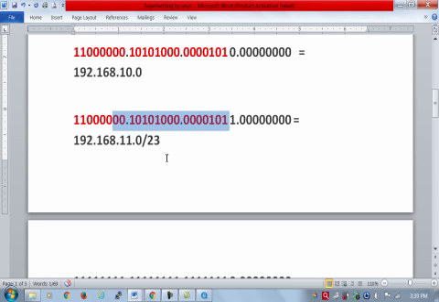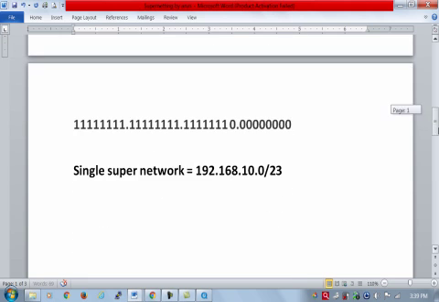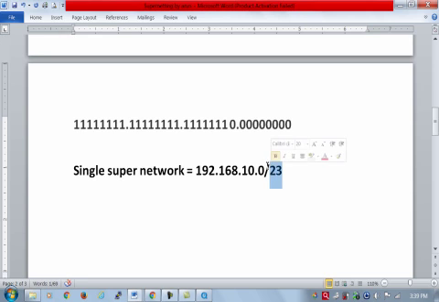The same parts are all ones, the rest is zeros. Okay, so now my subnet mask will become /23 and my first network is always sent as route summarization.